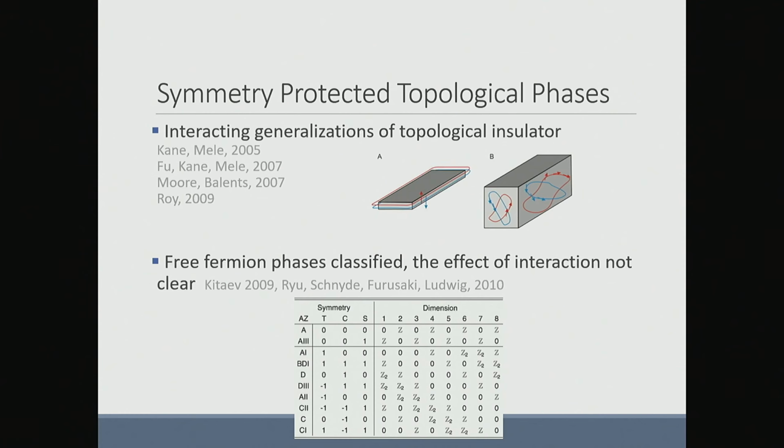Does this classification table still hold if the system has strong interaction, and are there new phases in the presence of strong interaction? And that is not obvious, because the free fermion framework using band structure and all that does not immediately address this question.